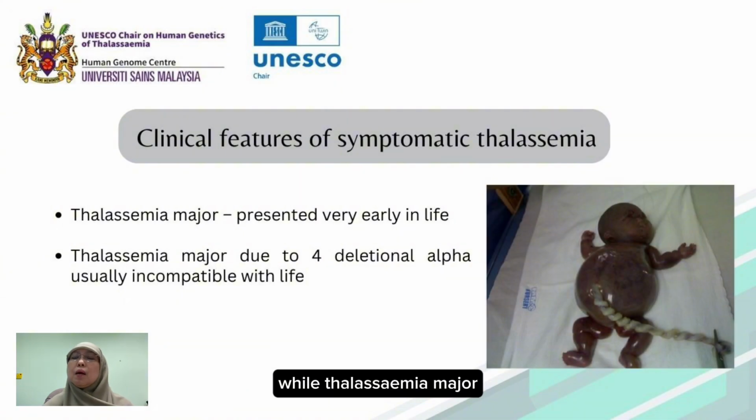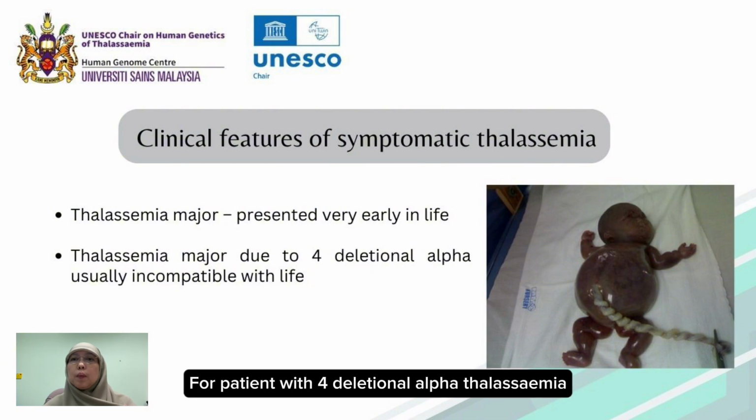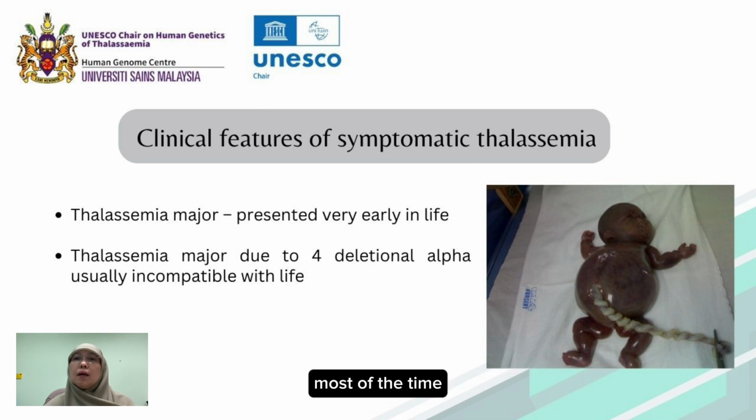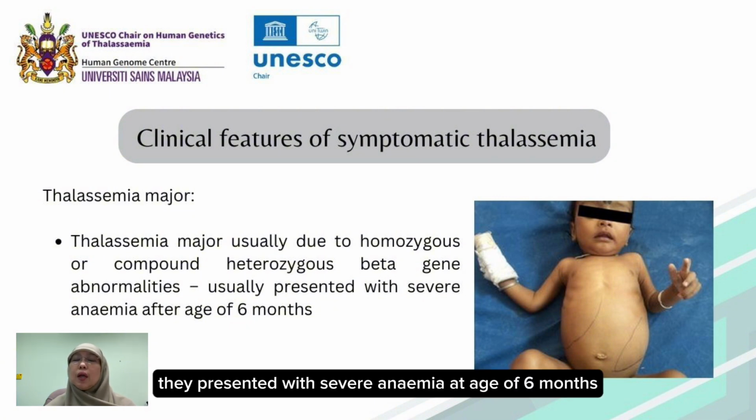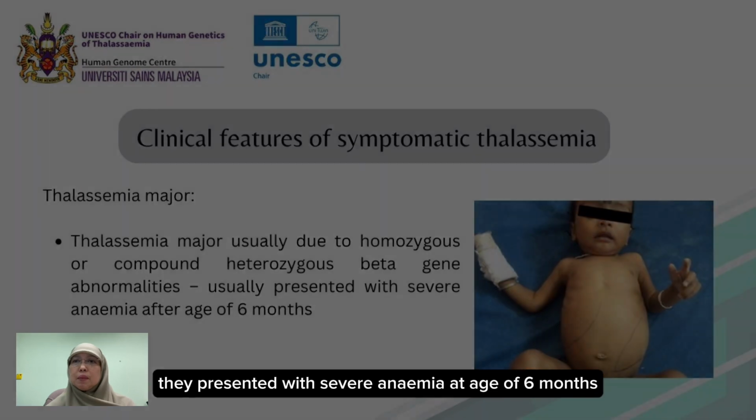While thalassemia major presents very early in life. For patients with 4 deletional alpha thalassemia, most of the time they are not compatible with life. While thalassemia major, due to homozygous or compound heterozygous beta gene abnormalities, presents with severe anemia at age of 6 months.